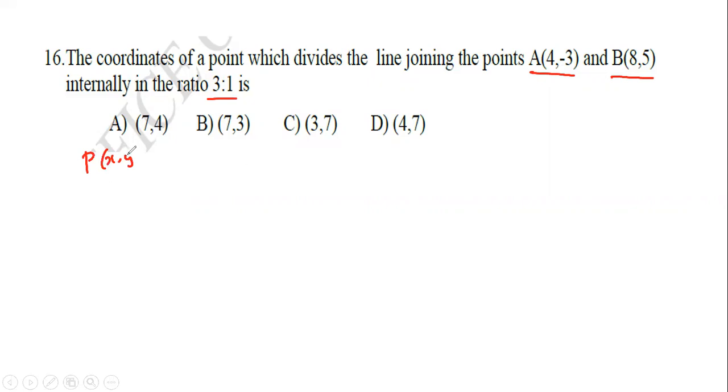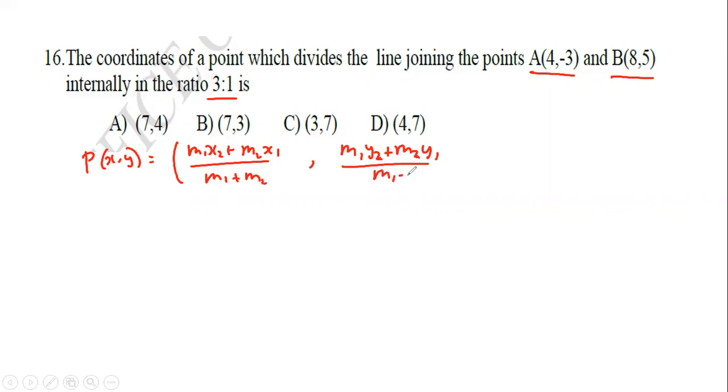P of x, y is equals to m1 into x2 plus m2 into x1 divided by m1 plus m2, comma, m1 y2 plus m2 y1 divided by m1 plus m2. Here, this is x1 and this one is y1. This is x2 and this one is y2. This one is m1 and this one is m2.